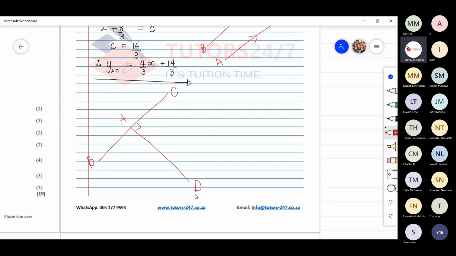Okay, so let's state this is the situation. We've got BC perpendicular to AD, okay? Students that do not understand the concept of perpendicularity: if something is perpendicular, it means that they meet at an angle of 90 degrees. A nice example of that is your house or your door. Look at your door.